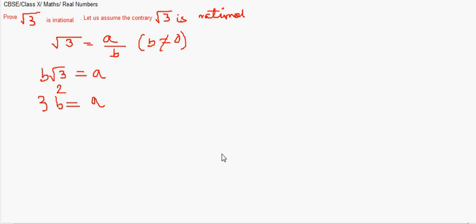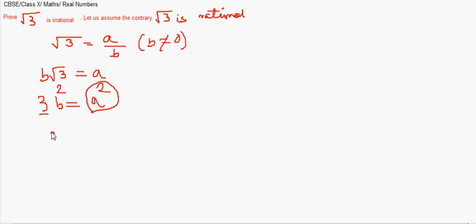What does this mean now? This a square is divisible by 3, because if I am multiplying something, like 3 into 5 is 15, that means 15 is divisible by 3 when it is multiplied by 5. We are taking up this concept, and thereby we say that a square is divisible by 3.